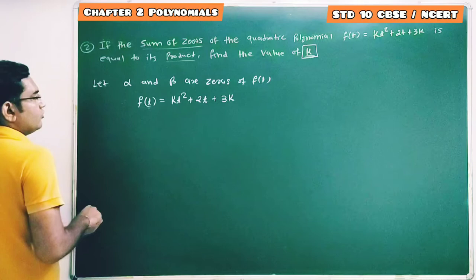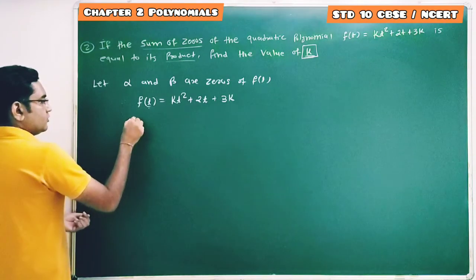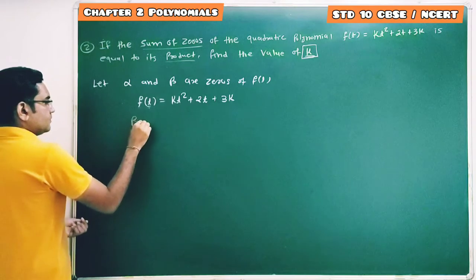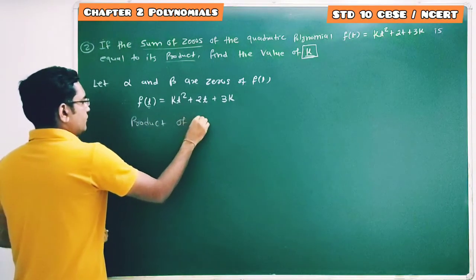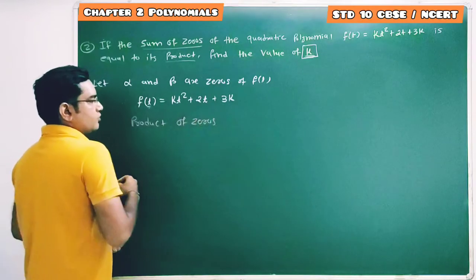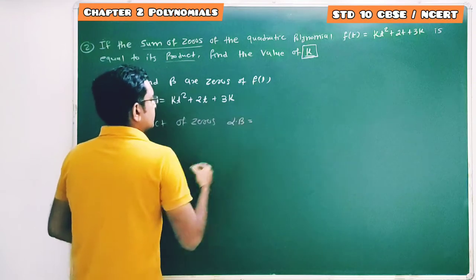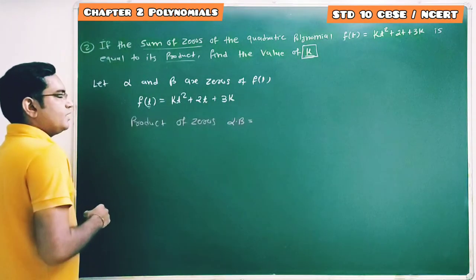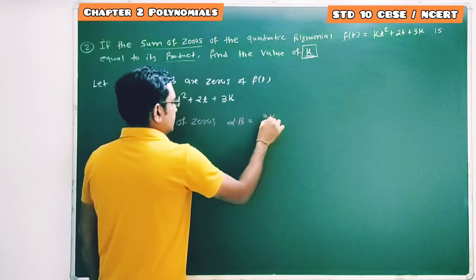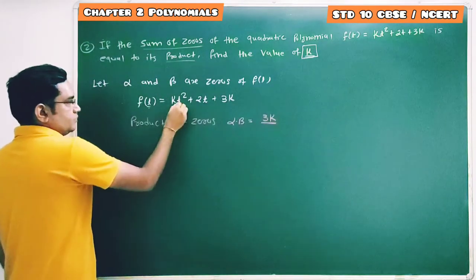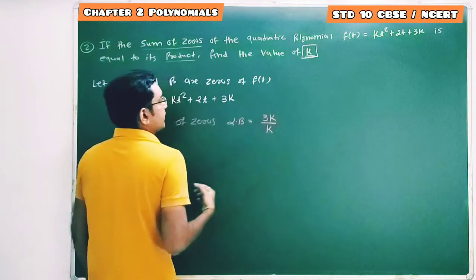So product of zeros, we can write product of zeros. So what is product of zeros? Product of zeros is nothing but alpha into beta, constant term, that is 3k upon coefficient of t square, that is k.